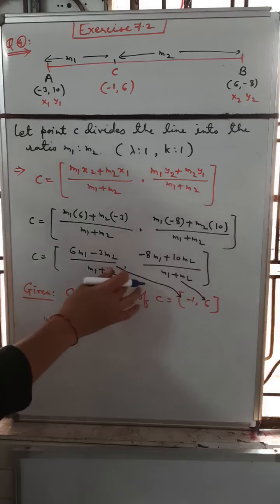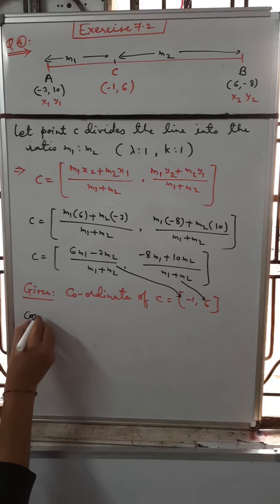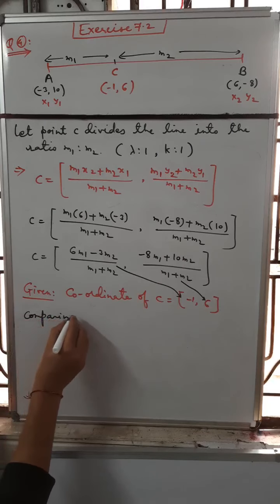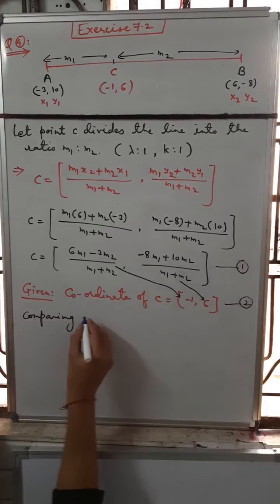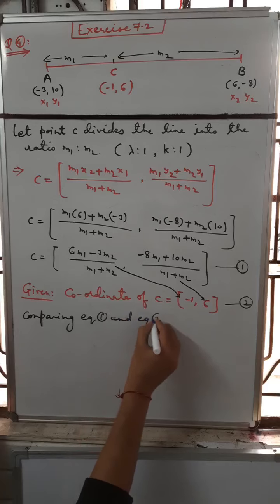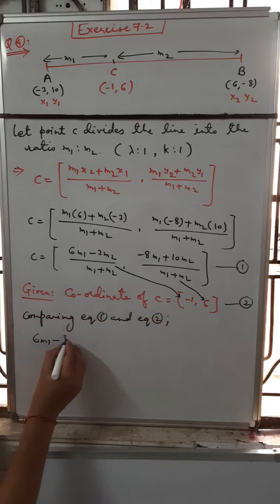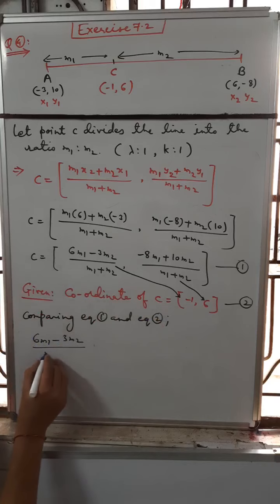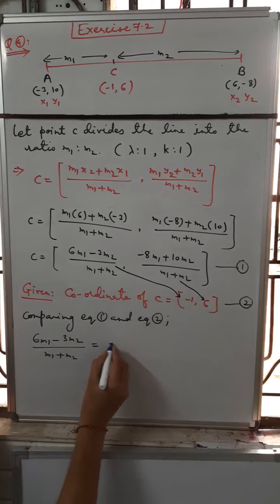तो अपन x कोऑर्डिनेट ले लें, कंपेयरिंग बोथ ऑफ देम. Suppose it is equation 1 and it is equation 2. Comparing equation 1 and equation 2, we get (6m1 minus 3m2) upon (m1 plus m2) is equal to minus 1.